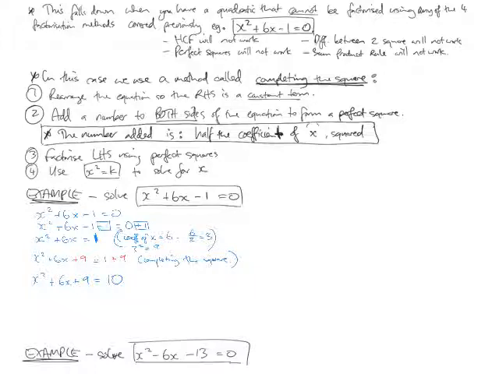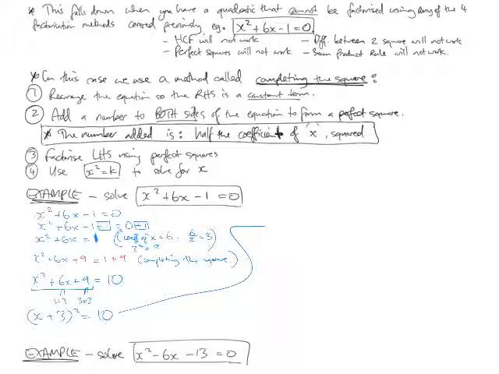And now that we've done that, this side can be factorized using perfect squares. 3 is a number that you can times by itself to get 9 here, 3 times 3. And 3 is a number you can add to itself to get 6. So that's going to be x plus 3 squared is equal to 10.